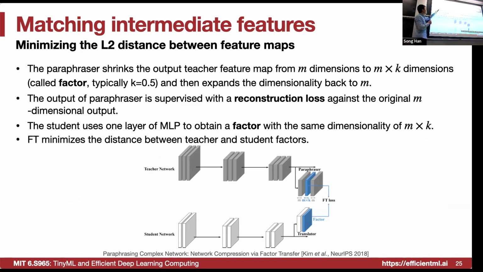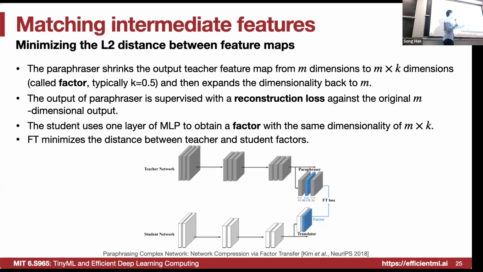There is another way: try to minimize the output distance between the feature maps. So the teacher network produces a feature map. The student network also produces a feature map. For the teacher model, we first squeeze the number of channels from m channels to m times k channels, where typically k equals 0.5.